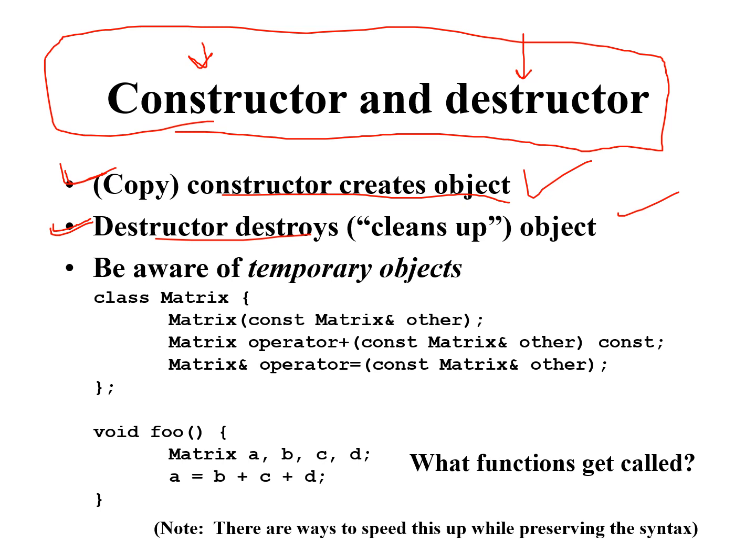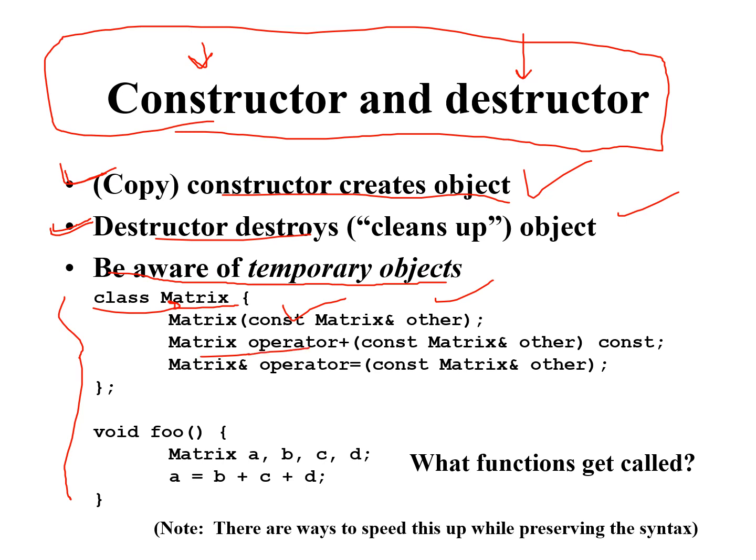Now be aware of temporary objects. Here we can see an example, or you can say a syntax, written over here. Here is a class whose name is given as Matrix. In that Matrix, here is the const Matrix and other. Here is the Matrix operator.